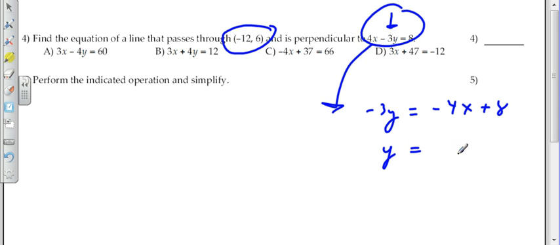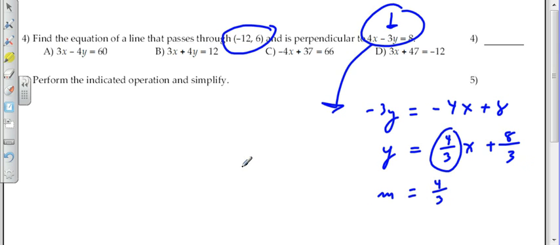Y is equal to 4 over 3 x plus 8 over 3. So the slope of the original line is 4 over 3, but we want the slope that's perpendicular to it, which is going to be minus 1 over m. So that's going to be minus 3 over 4 is the slope of the guy that we're looking for.